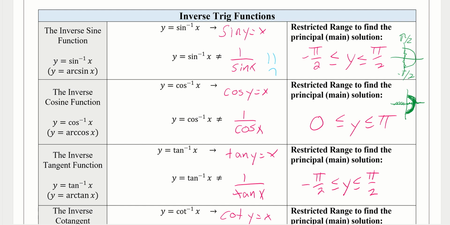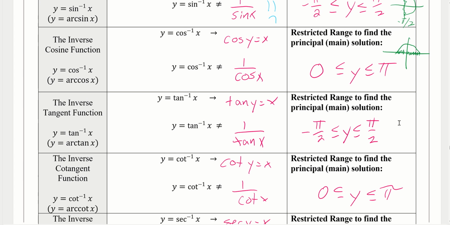So my restriction is going to be from 0 to pi, so I get all of my positives and all of my negatives represented there. It shows everything. It's continuous. So the default restriction for cosine is going to be 0 to pi, both of them included.